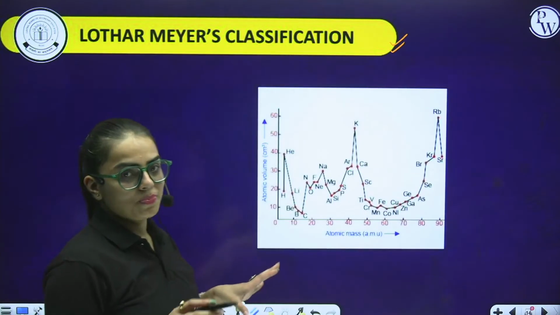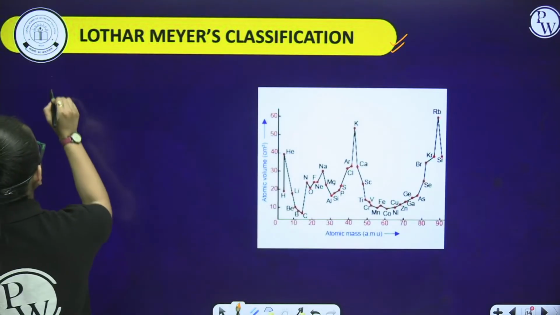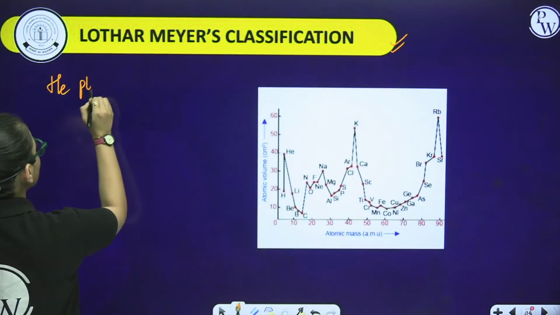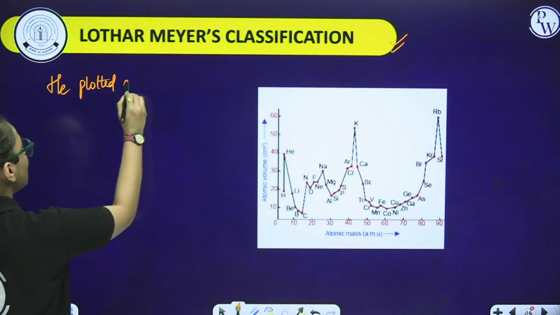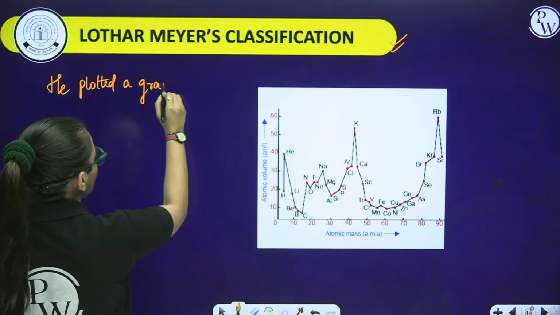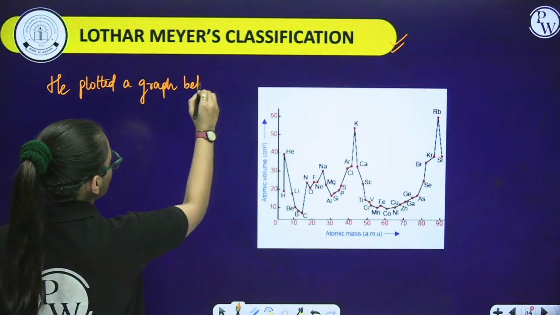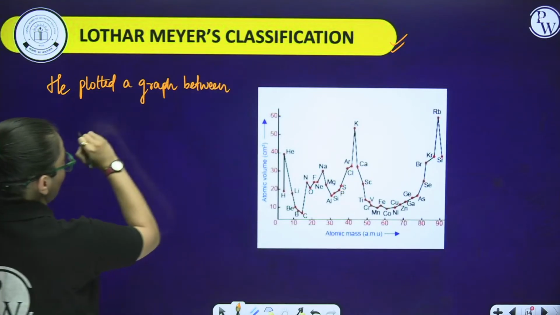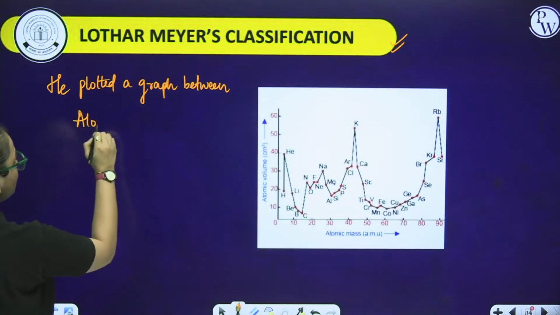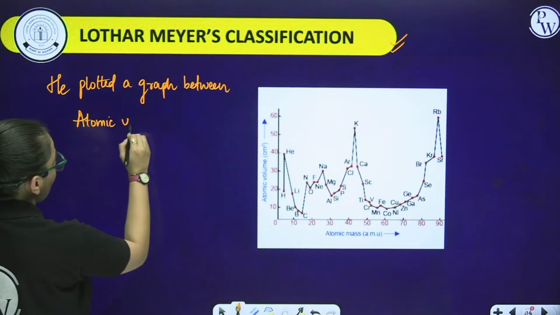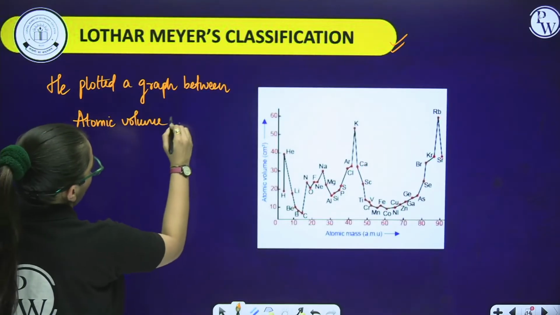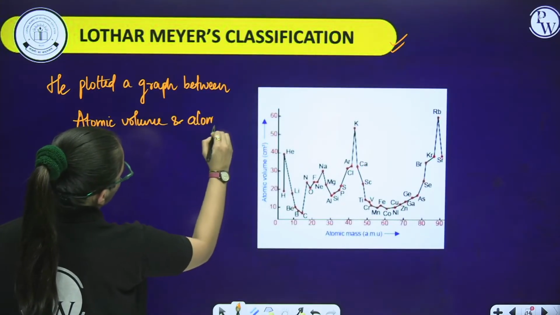Now, basically, let me tell you, he plotted a graph between atomic volume and atomic mass.